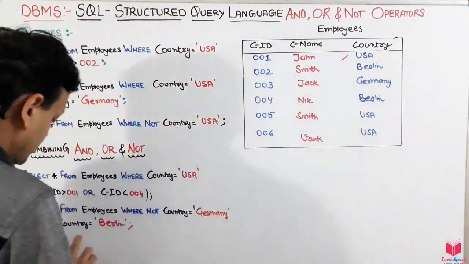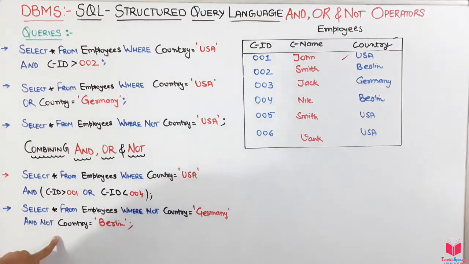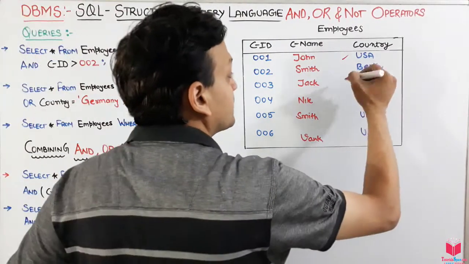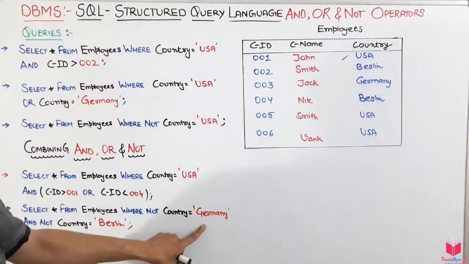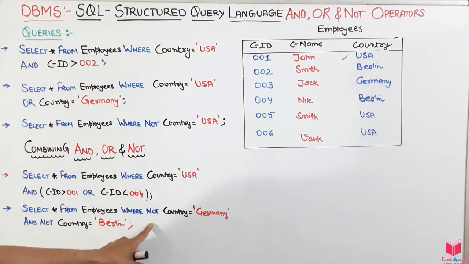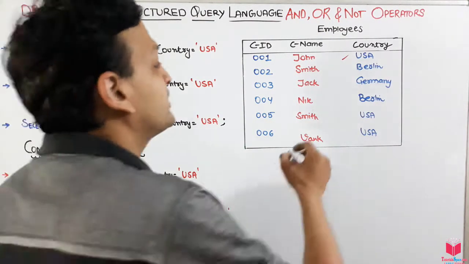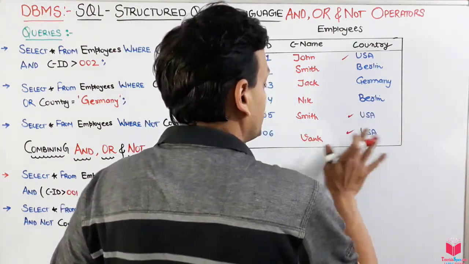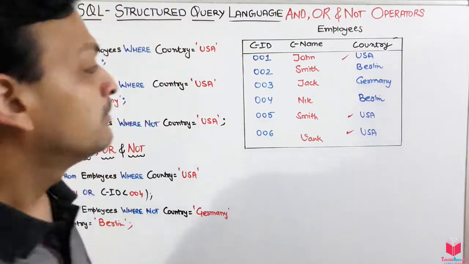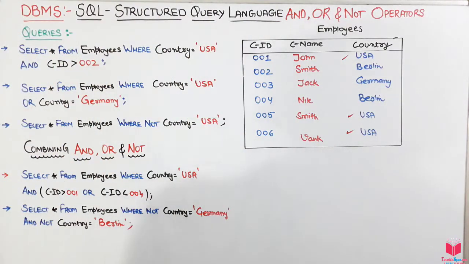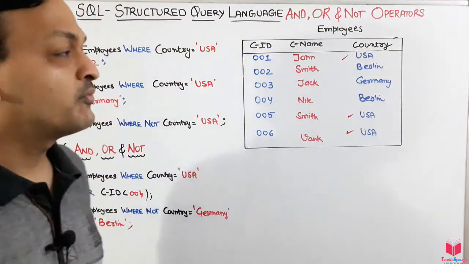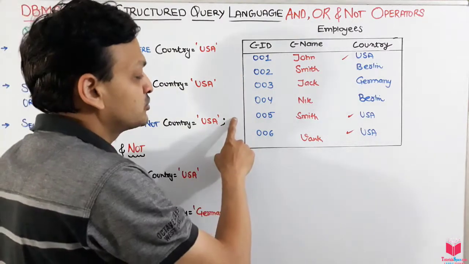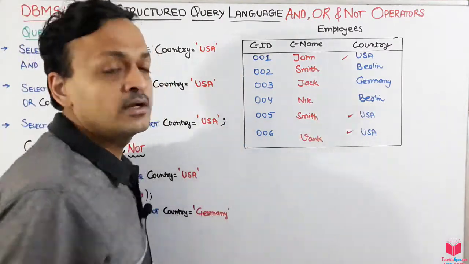Then again Berlin, it has been mentioned that we will not include Berlin, so cut it out. Then Germany is also excluded because of the NOT operator. After that Berlin again, not included, then USA, then USA. So these rows with Berlin and Germany will be skipped. We will get only 001, 005 and 006 and their corresponding results.